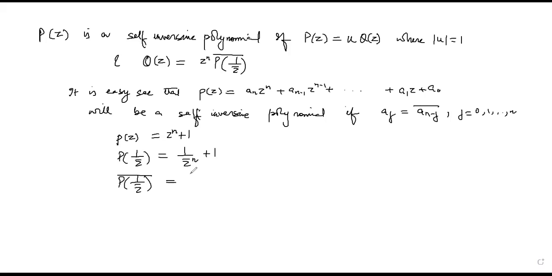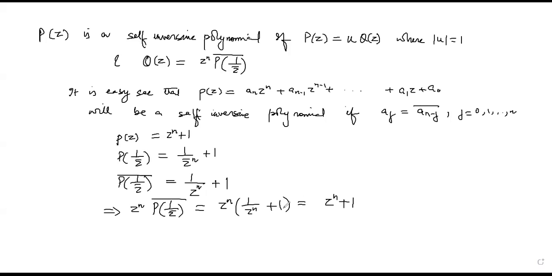That would be, इसको फिर से bar लगा दो, so that would be 1 by z raised to power n plus 1. It's a real number, which implies that, which you can write as, सीधे लिख लीजिए, it means z raised power n into p of 1 by z bar whole bar is equal to z raised power n into 1 by z raised power n, plus 1, which is nothing but z raised power n plus 1.